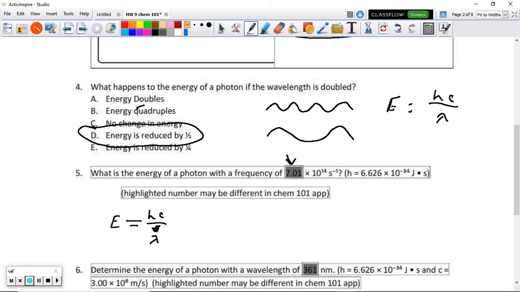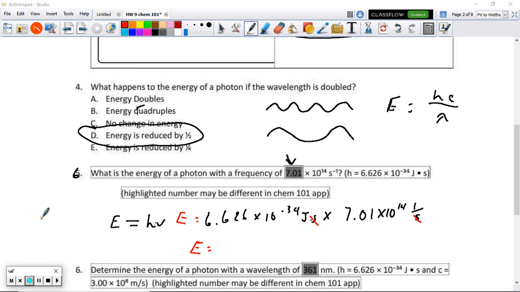And I'm going to pause right here, so I'm going to write out the question and then come back. All right, so I'm glad I checked. The formula that we're using for this one is E equals Planck's constant times frequency. This is a frequency, and this is Planck's constant, so that's H. All right, so E equals 6.626 times 10 to the negative 34 joule seconds times 7.01 times 10 to the 14, 1 over seconds. Seconds cancel, so that means that our unit is going to be joules.